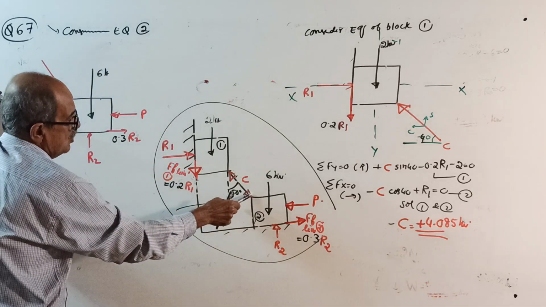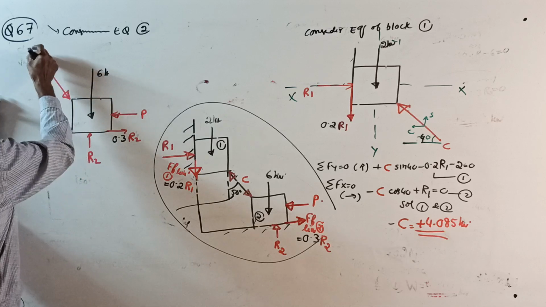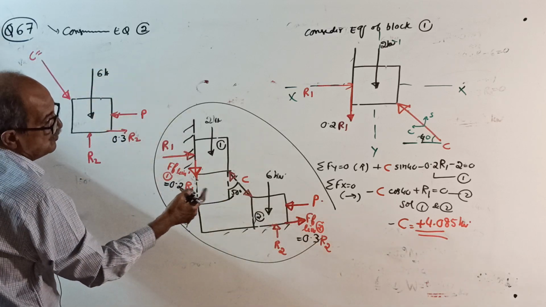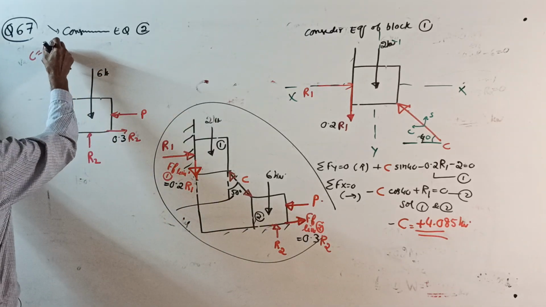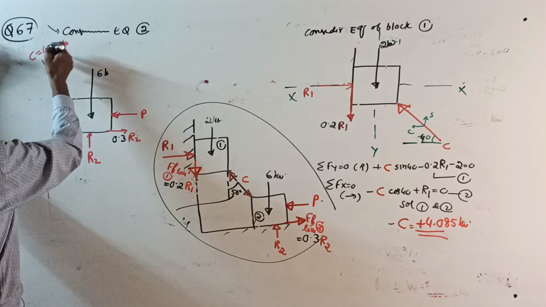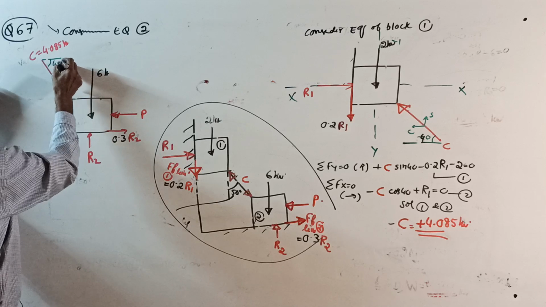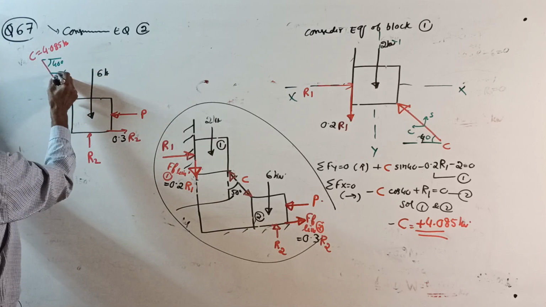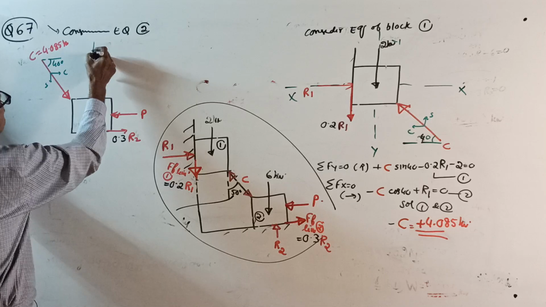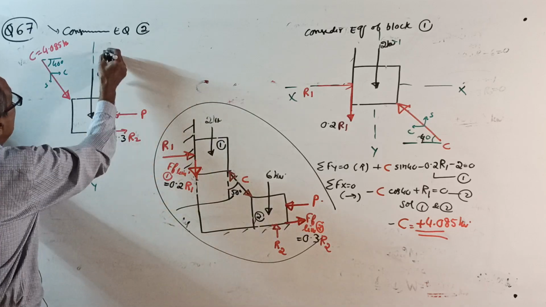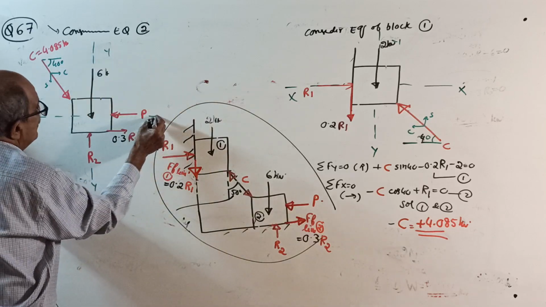This arrow mark, compression C is already known to you, 4.085 kilonewton, which makes an angle with the x-axis of 40 degrees. So this is cos, this is sine. This is your YY, perpendicular to plane. This is your XX, horizontal.